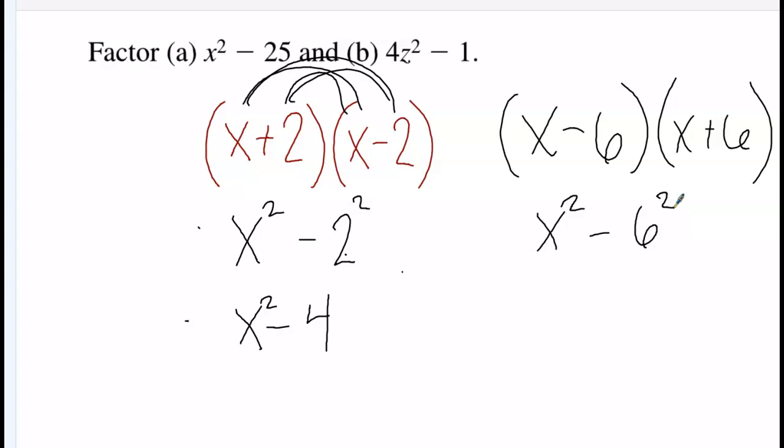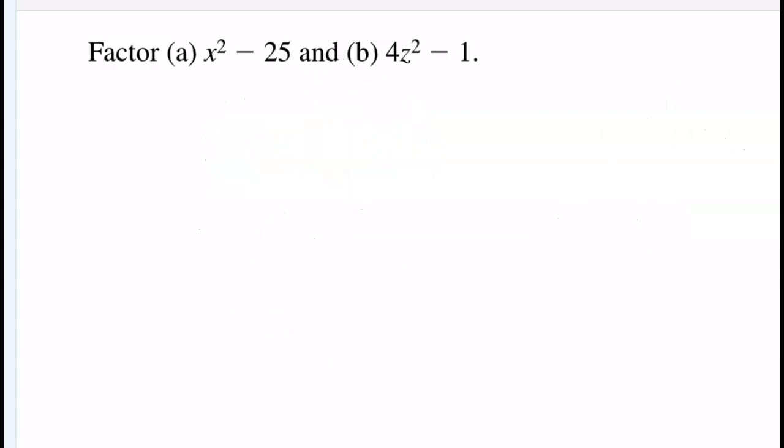Yes. Okay, so what we're going to be doing is like the reverse of that. So I'm going to give you the expression x squared minus 25. How would you factor it? We're not going to square the first thing and the last thing. We're going to take the square root. Good job.